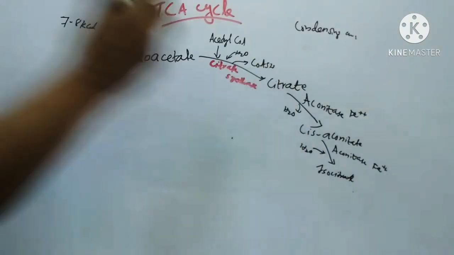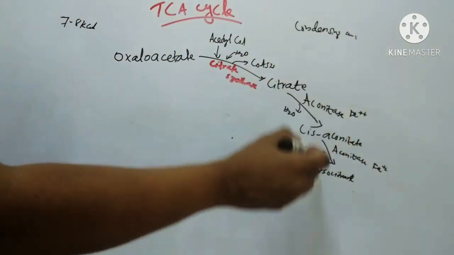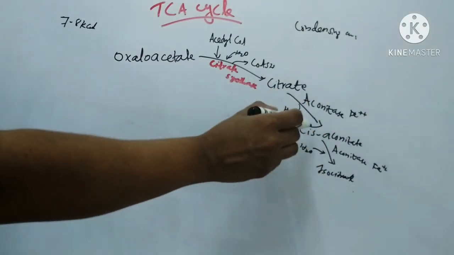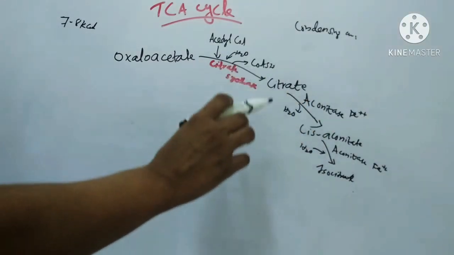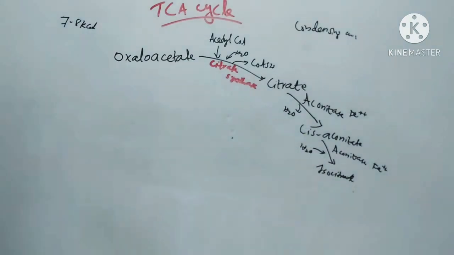Then isocitrate is formed from cis-aconitate as a result of stereospecific rehydration. Both processes are catalyzed by the same enzyme, aconitase, which requires Fe++. That is the second step.